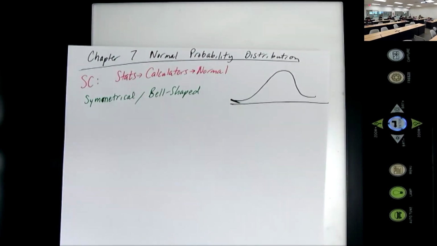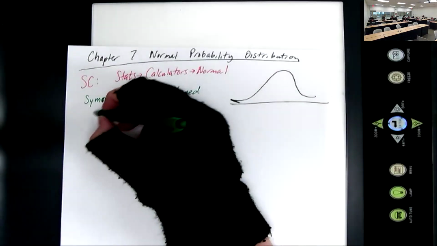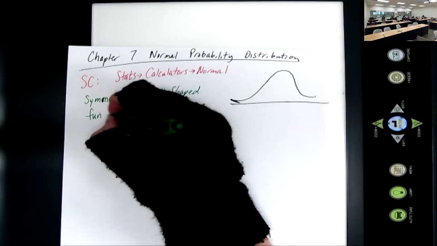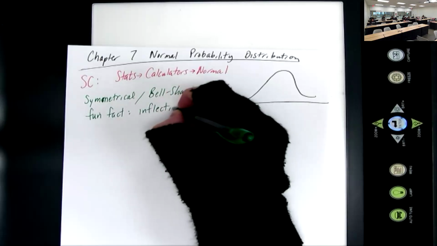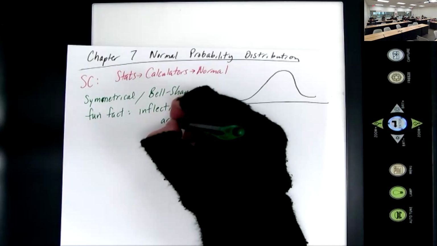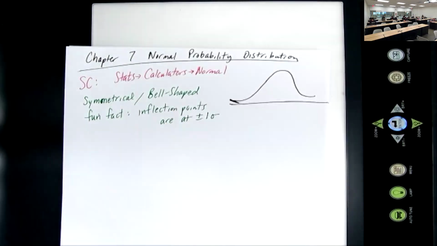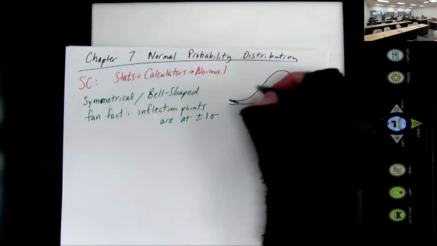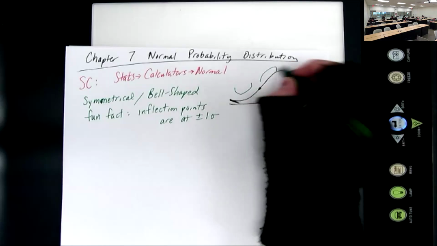If anyone in here is ever going to pursue higher mathematics, like calculus, fun fact, but not necessary for most students in here, the inflection points are at plus or minus 1 deviation. That just means where it starts going from a curve looking up to a curve looking down.